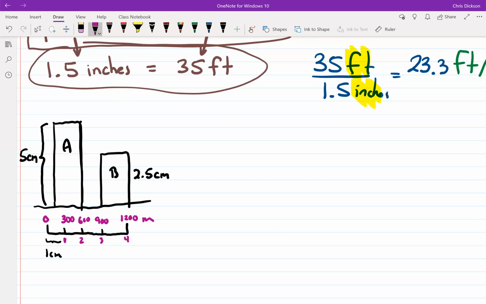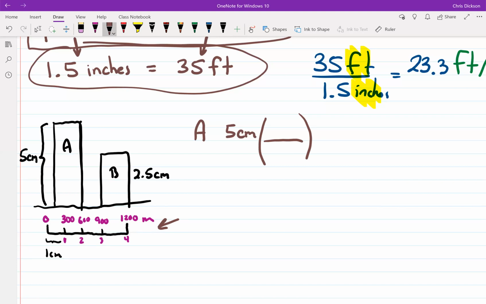So I'd like you to see if you could take building A, which is currently 5 centimeters tall. I'd like you to think about what conversion factor, using the scale here, you would use to determine the actual height of the building. In the picture it's 5 centimeters tall, but what's the real height of the building?